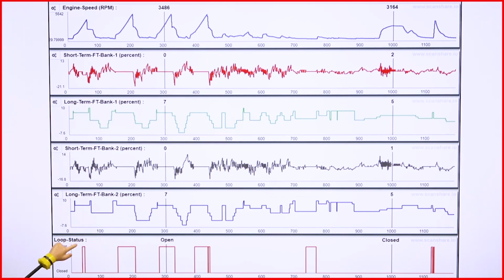Then on the bottom we've got loop status. And so keep in mind under immediate acceleration, if we go back to the top, you see these 4 spikes. This is where somebody's revving up the engine. Under that acceleration mode, the vehicle enters into open loop power enrichment mode. It's trying to say, you know what? Forget what the O2s are saying right now. We need to go.